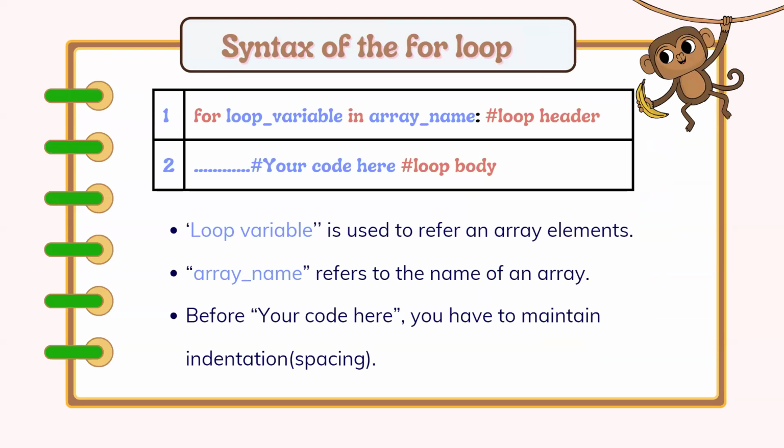The syntax rule for the for loop: the loop variable is the array element, followed by the name of the array. The loop variable is used to refer to the array elements, as we recall from the basics. The array name refers to the name of the array, and before your code here you have to maintain an indentation.